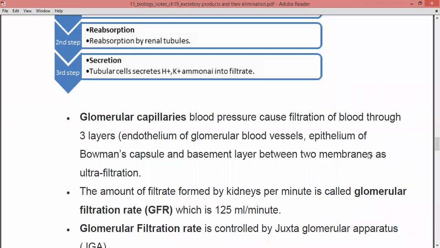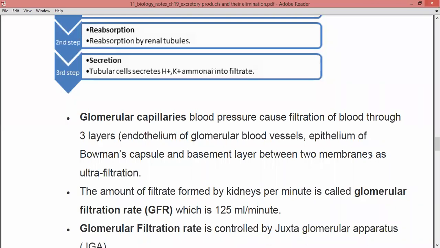Whatever waste needs to be eliminated is filtered, and all the waste is poured into the Bowman's capsule.